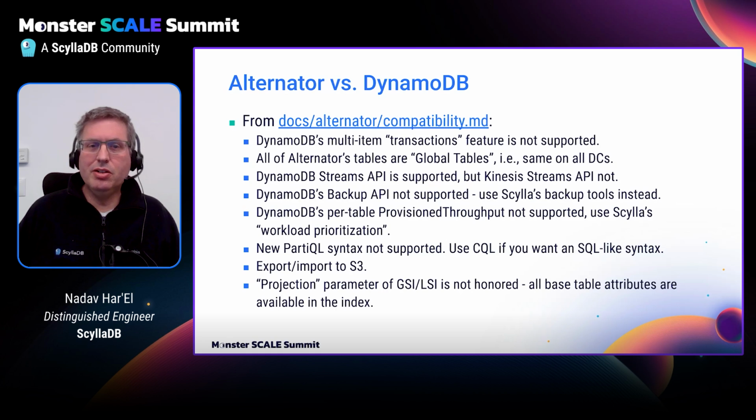And you can see a list of a few things which are not supported, but the list may appear to be a bit long, but it's very short compared to the long list of things we do support. Most of the DynamoDB features we do support.